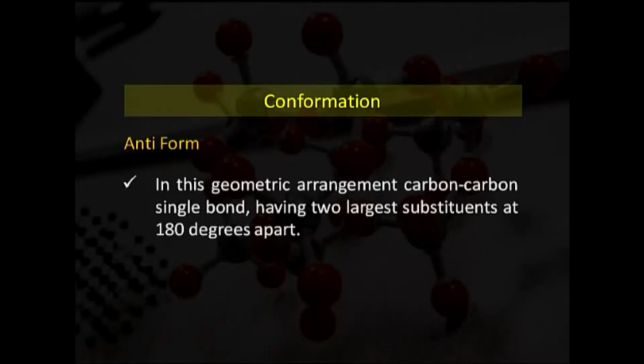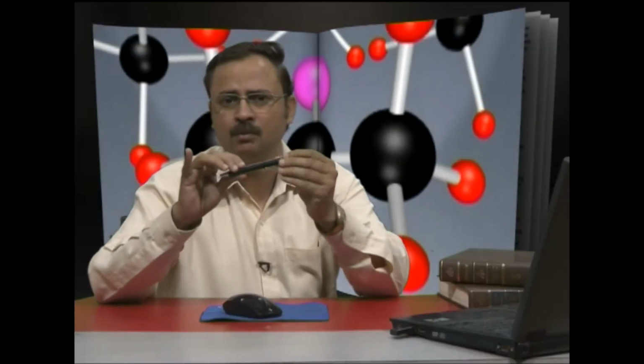Now, we will discuss the anti form. It is the geometric arrangement of a carbon-carbon single bond having the two largest substituents 180 degrees apart. Another form in conformation is the anti form. Here, this is carbon 1 of the frontal view, and this one is the other carbon, joined by this single bond, and the two largest substituents are 180 degrees apart.